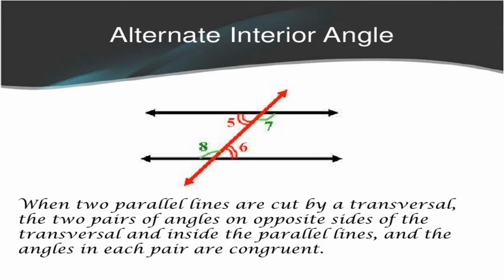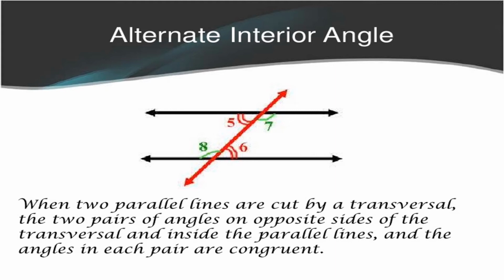Here you see that these two black lines are parallel to each other and the red line indicates the transversal. Here there are numbers 5, 6, 7 and 8 which indicate angles. And here the word interior means angles inside of the parallel lines. So these 5, 6, 7, 8 are the angles inside of the parallel lines.